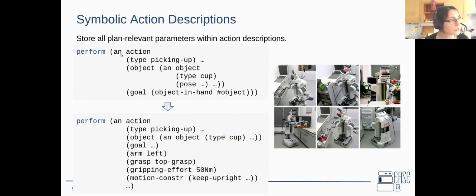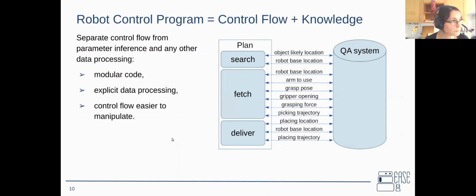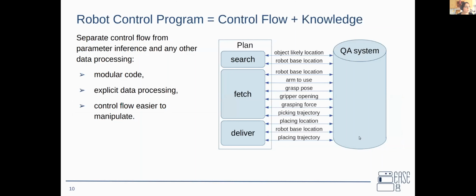Another advantage of these action descriptions is that you separate the data processing, the inference of the parameters, like the arm, the grasp type, the effort, and so on, from the plan. So this step happens first, and then all these parameters are passed to the plan. And as a result, we get the clean separation between the control flow and the knowledge.